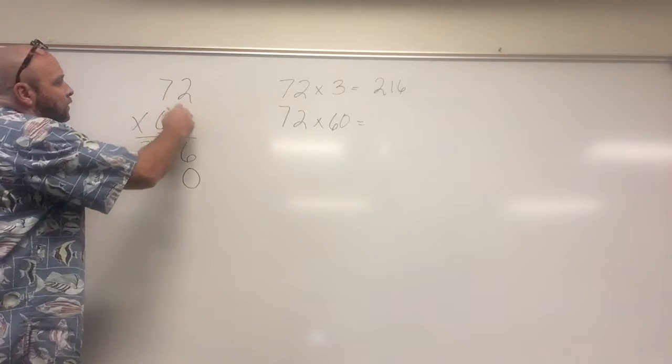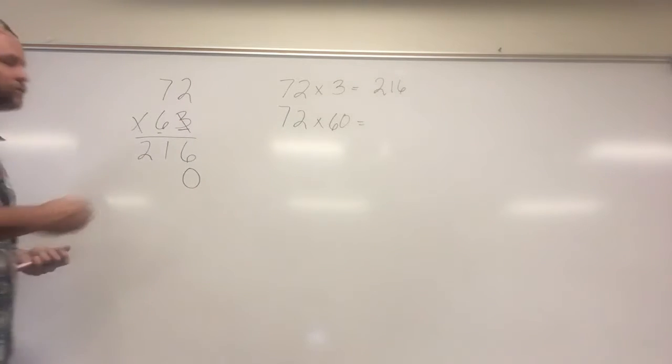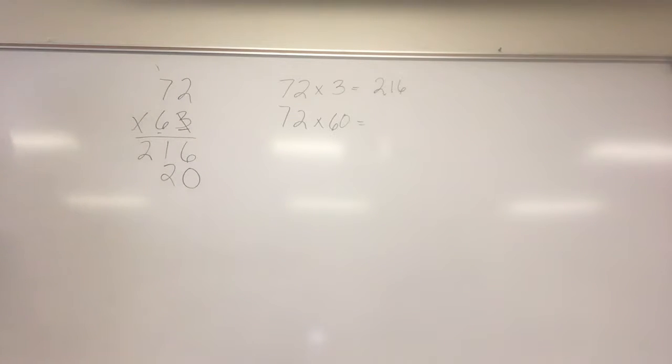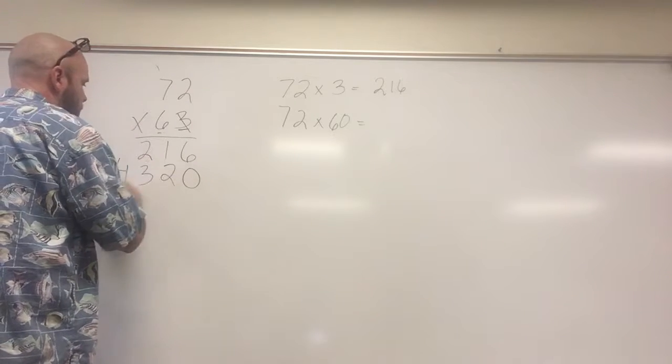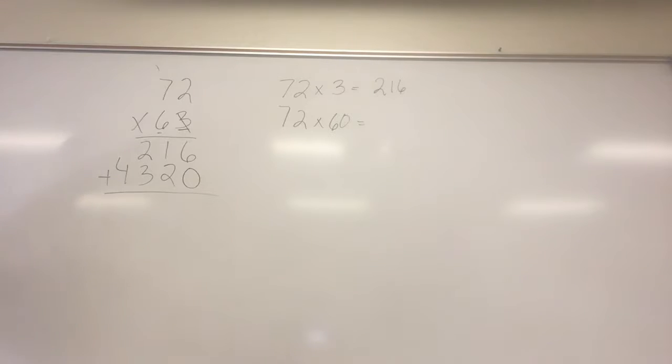So I'm done with that 3. I go 6 times 2 is 12. Put that 2 there, carry my 1. 6 times 7 plus 1 is 43.